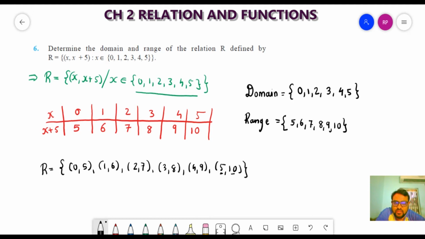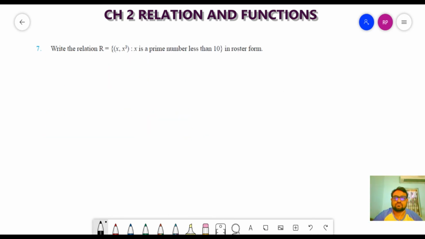Now let's move to the next question, that is question number 7. It is given to write the relation R. So let me write it down.